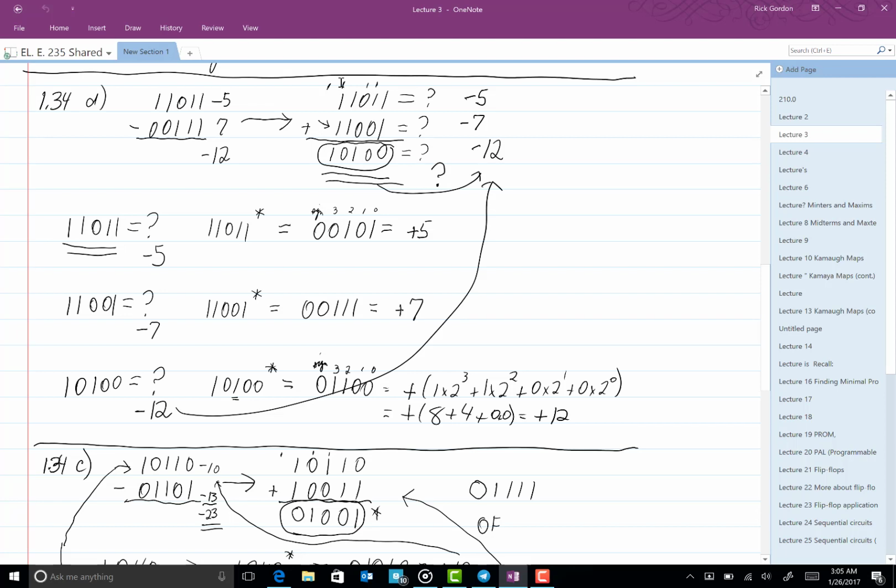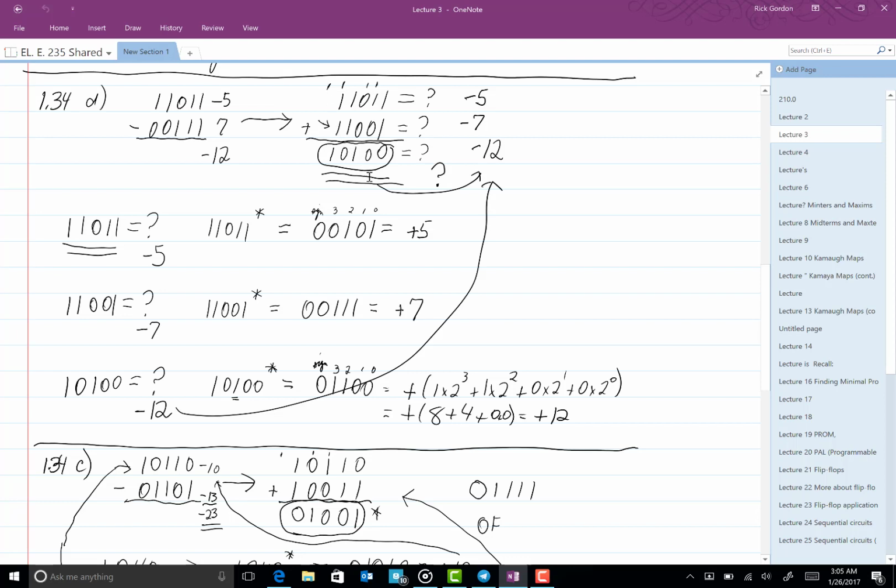And then here we have 1 and 1 and the carry is 3. So we write down 1, and this carry actually just gets discarded. We don't worry about that carry at all.